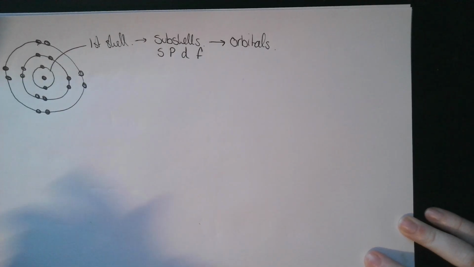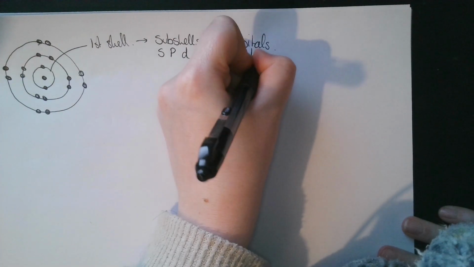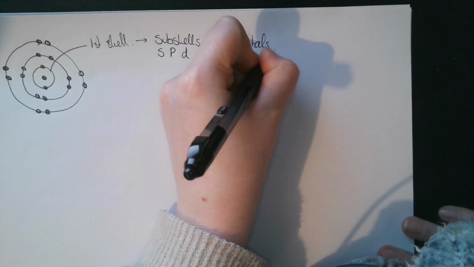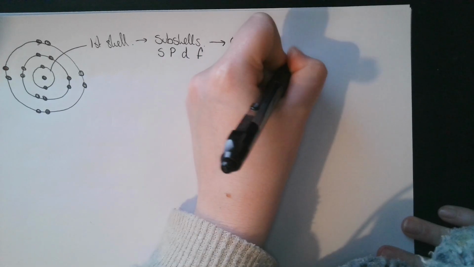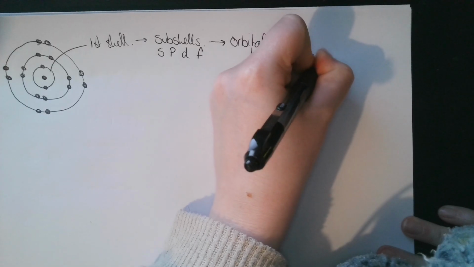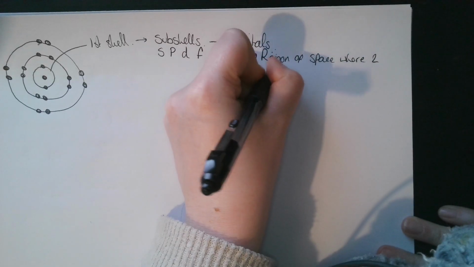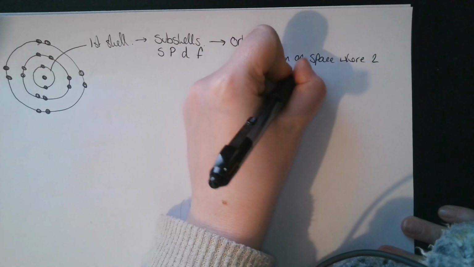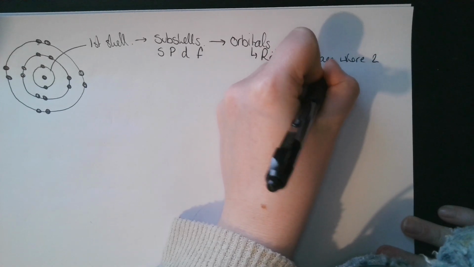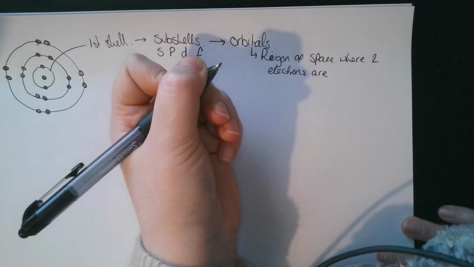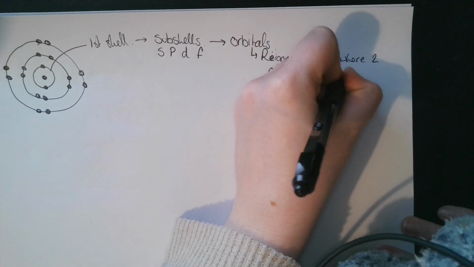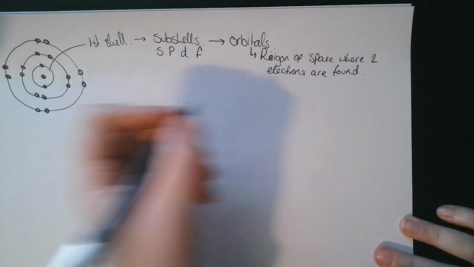And remember, an orbital is a region of space where 2 electrons are sitting, are found. It's where they live, basically.